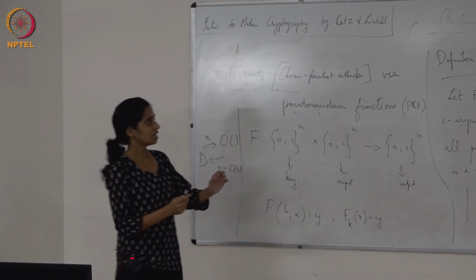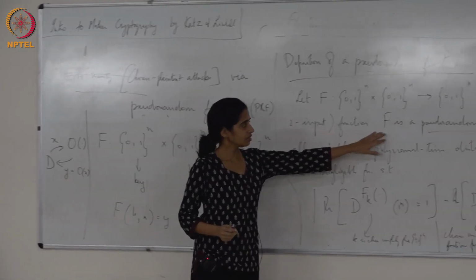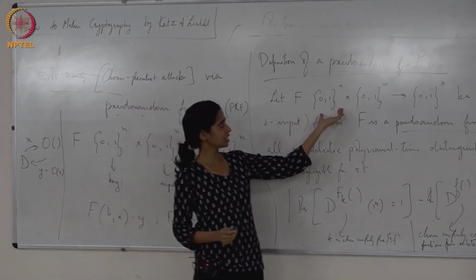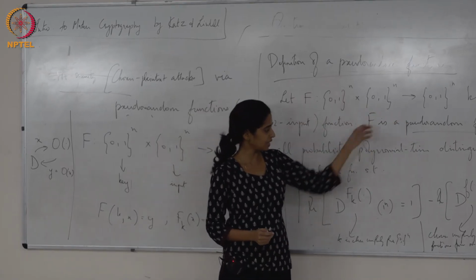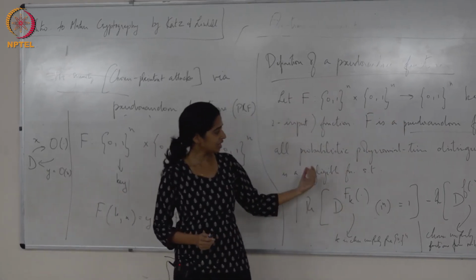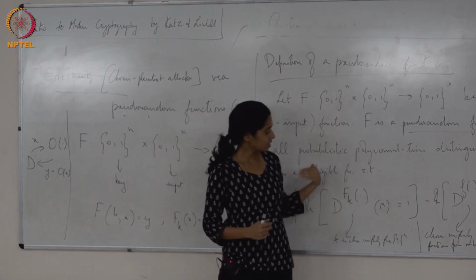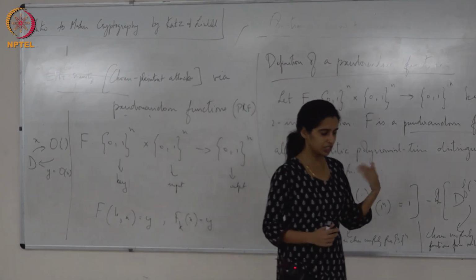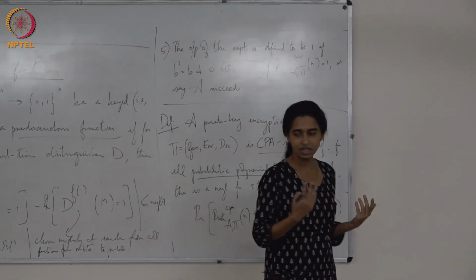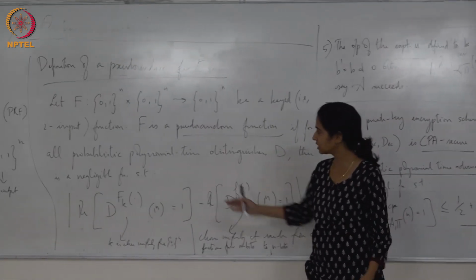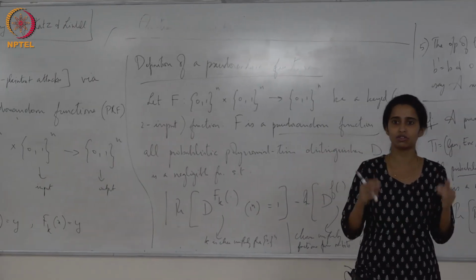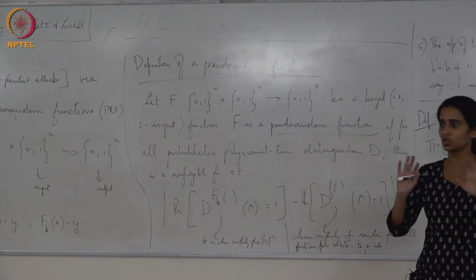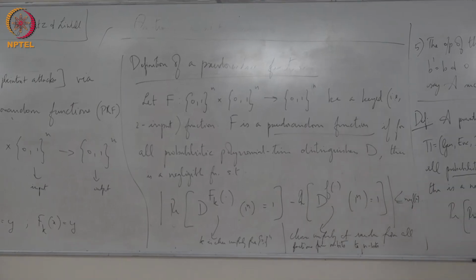So this f will be a PRF. This f is a 2-input function keyed with the key k, and since it is a PRF, its input-output behavior with an efficient distinguisher D will seem as though for every entry f_k, x, the entry y was chosen uniformly at random from the set of all 2 to the n bit strings. That is the idea to keep in mind.